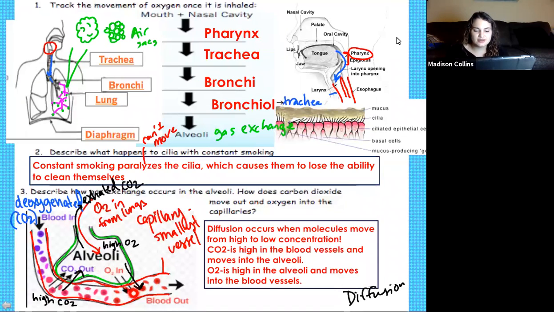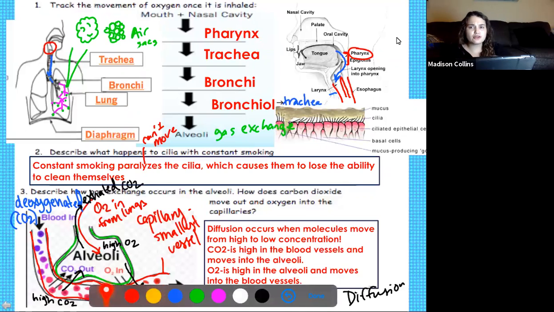the blood vessels. Now, the third question that's on your paper, I believe, is where does diffusion occur? Where do these molecules move? Oh, it's where does gas exchange occur? I knew it. Where does gas exchange occur? And that, of course, is going to be gas exchange occurs in both the alveoli and the capillaries. And diffusion has to happen in order to move those substances across the cell membrane.